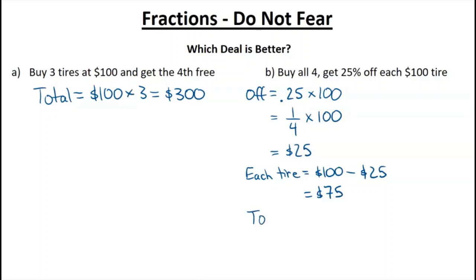And so if you talk about all 4 tires, where each is being charged $75 per tire, you get a grand total of $300. It's all a ploy. A lot of people think that situation A is going to be a better savings than situation B. But the reality of it is, they're exactly the same.